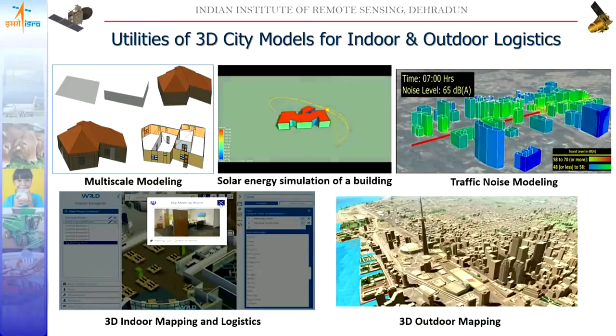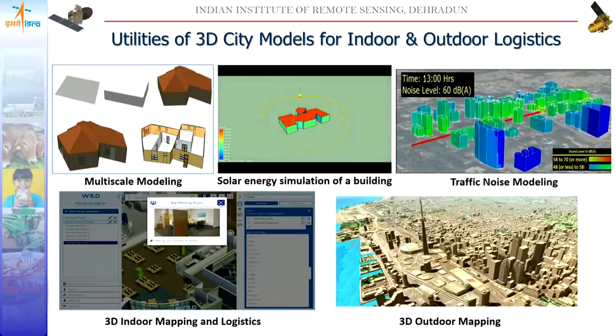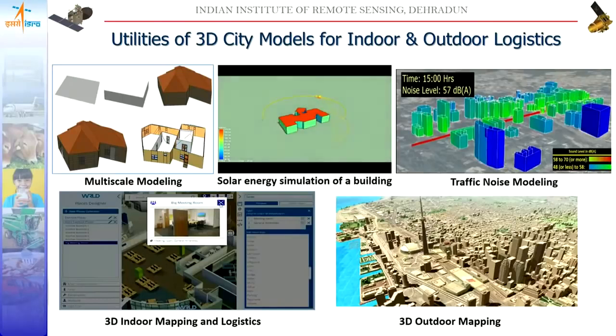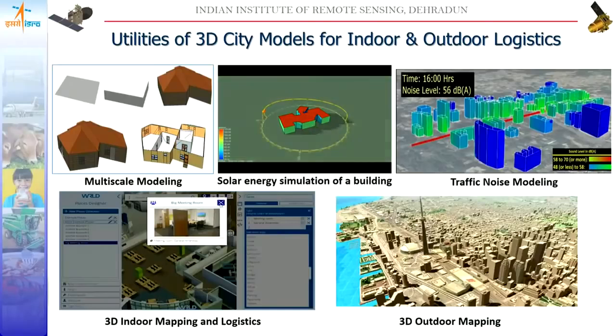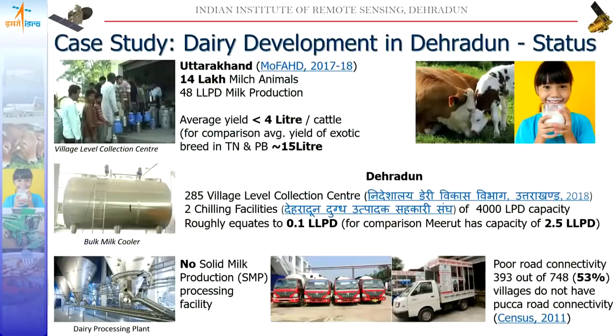So 3D models for indoor as well as outdoor logistics can be created, and ultimately they can provide a good monitoring system by which you can manage your resources. Amazon, I think, might be making use of all these different techniques to provide good products to its customers in the least possible time.